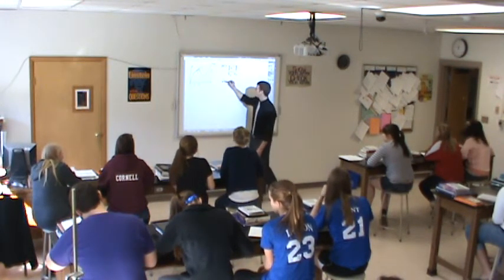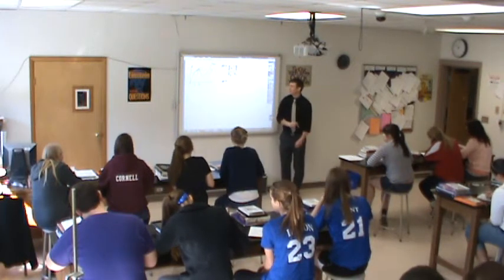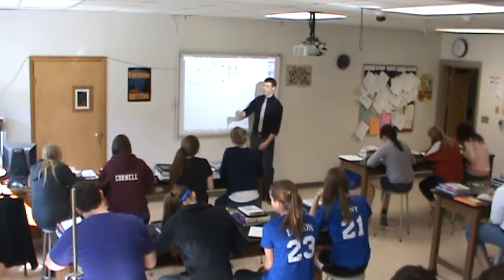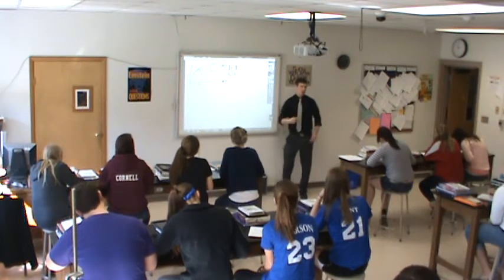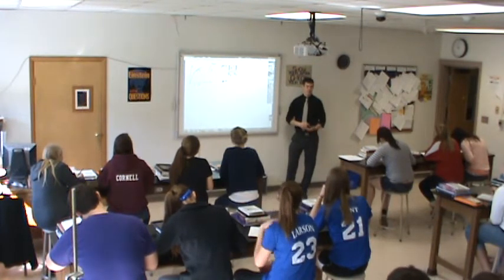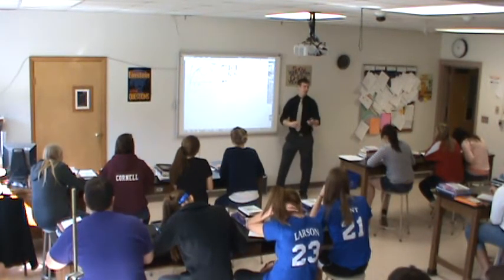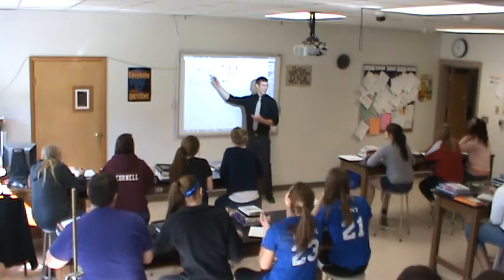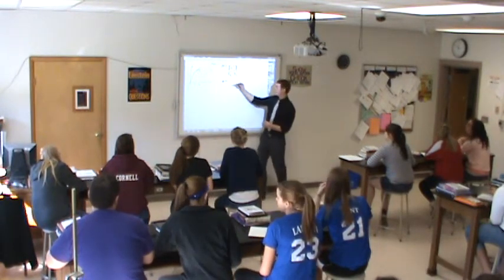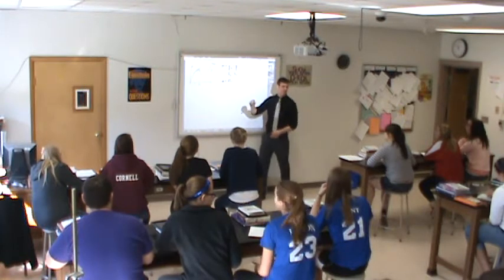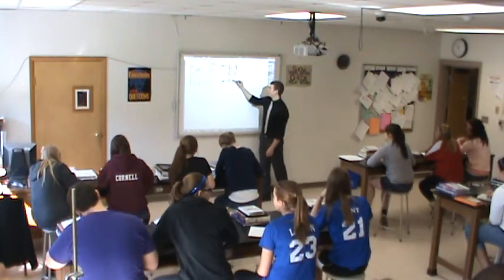Alright, so we have m, we're finding the slope of that secant line. What's our y2 and our y1? Now, how did we define this? Did we say this is y equals something? No, we said f of x2, right?